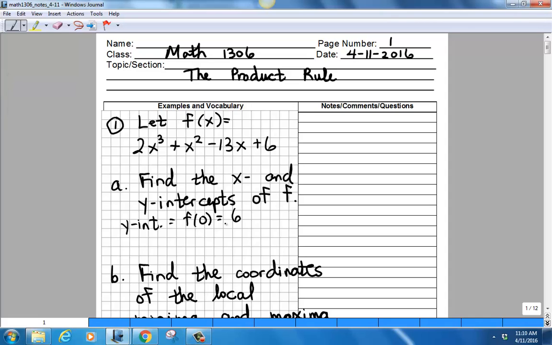Now, the x-intercepts are tougher to find, because to find the x-intercepts, you're going to set y, or the output, to 0. So you would have to solve this equation. That is not an easy equation to solve, because that is a third-degree equation.